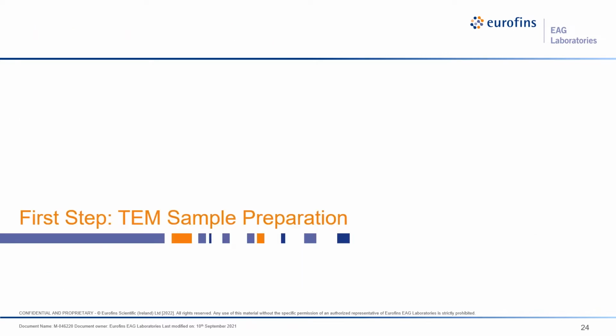Okay, now application. What can we do with this fancy tool? Before we talk about the application, the first step of TEM is always the sample preparation. For a lot of challenging samples, if we are not able to prepare the sample, then we cannot do the analysis.